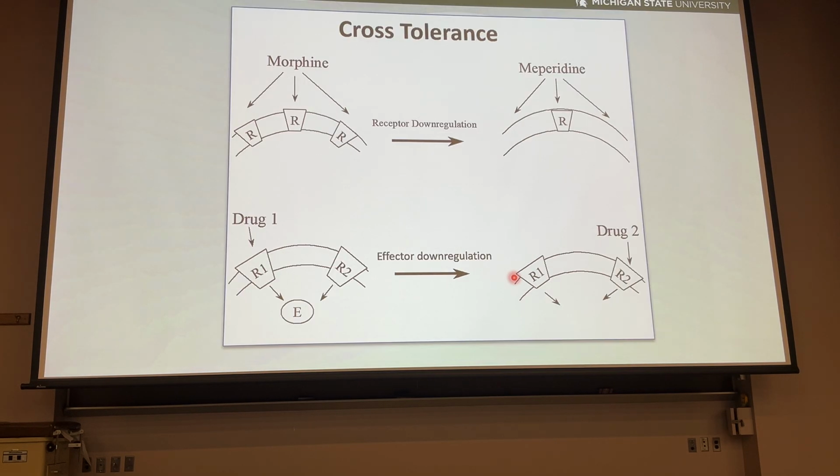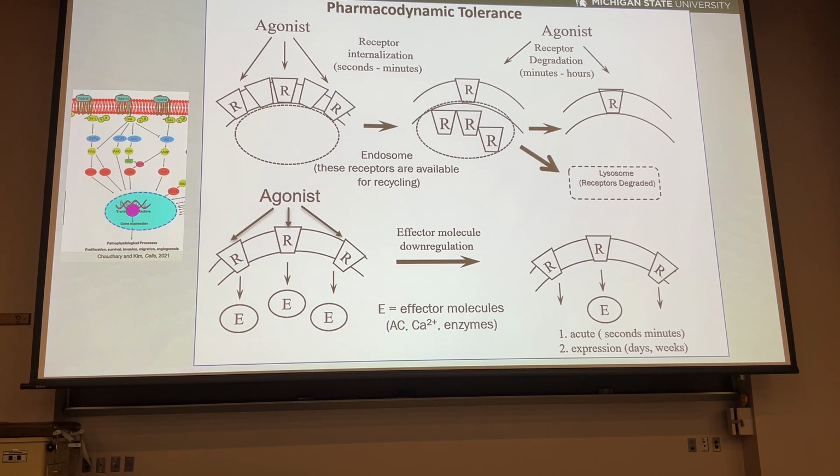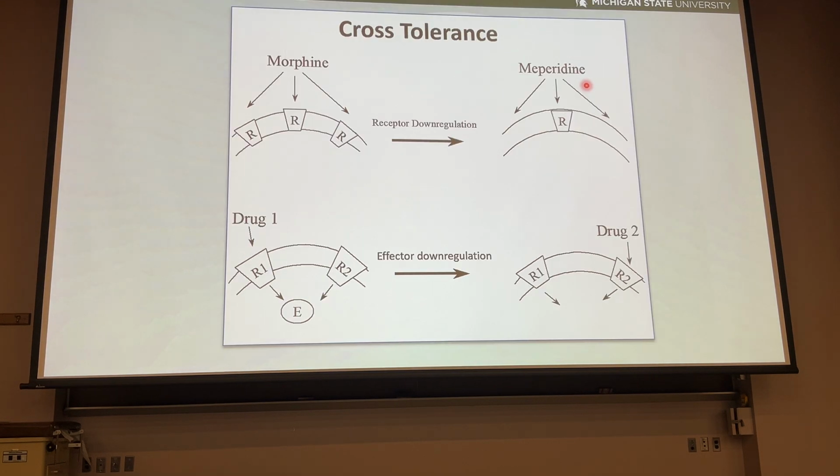And I think this is our last bit. So taking that into account, cross tolerance is one last aspect of tolerance that it's important for us, because everything we talked about before this, we've got an agonist and a receptor, and then the same agonist and the receptor, right? This also happens with drugs that bind to the same receptor, okay?